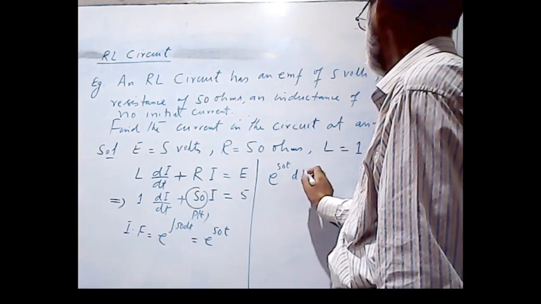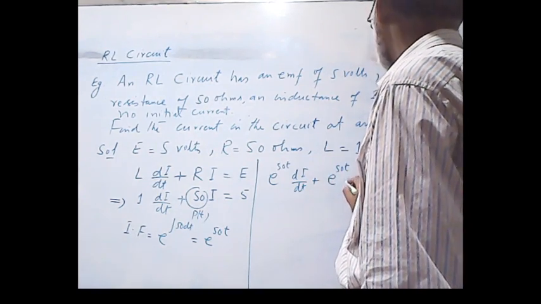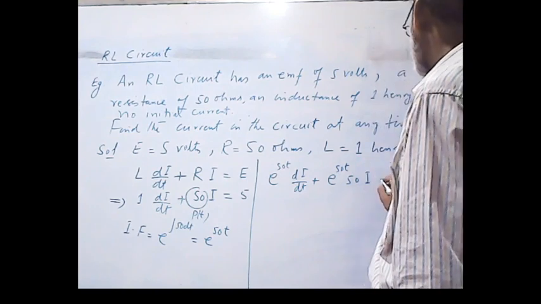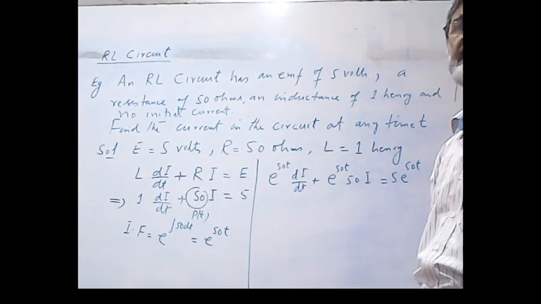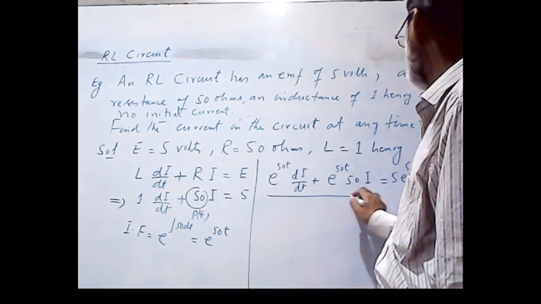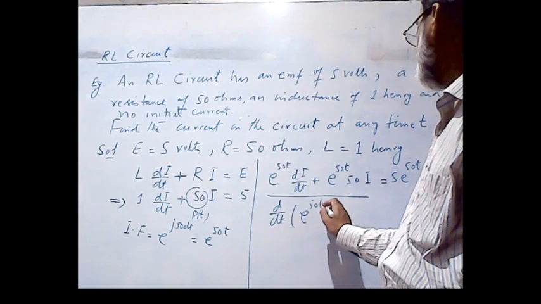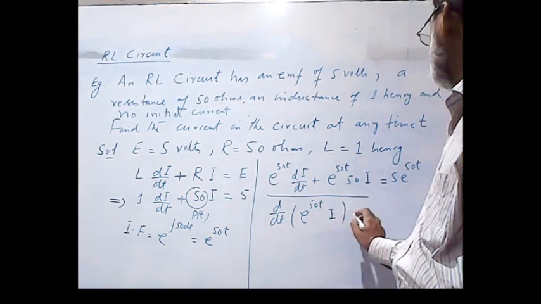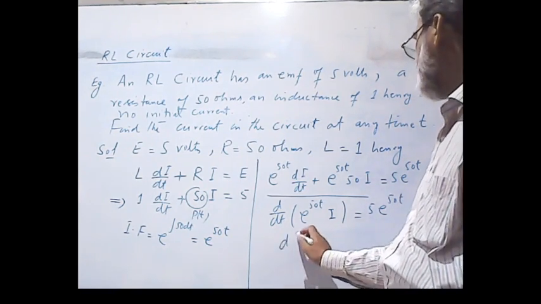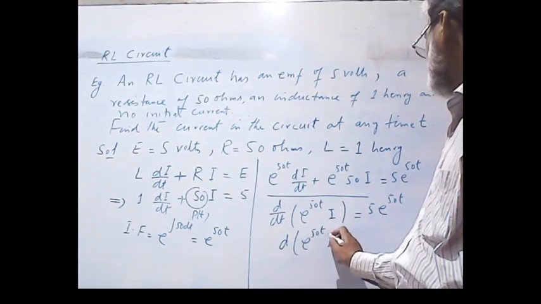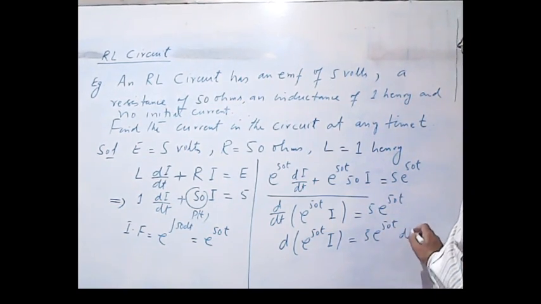Then multiply the whole equation by e^(50t): e^(50t) di by dt plus e^(50t) times 50i is equal to 5e^(50t). The left hand side always maintains the u into v formula: d by dt of e^(50t), the integrating factor, times i, the dependent variable, equals 5e^(50t). The equation is separable, so e^(50t) i is equal to 5e^(50t) dt.